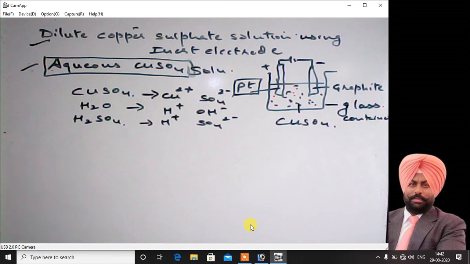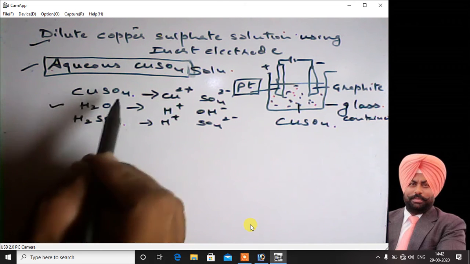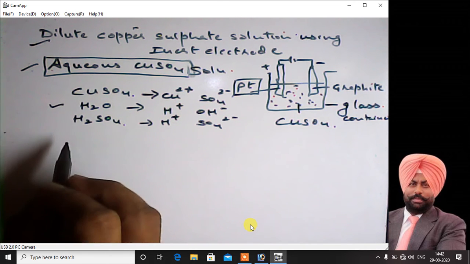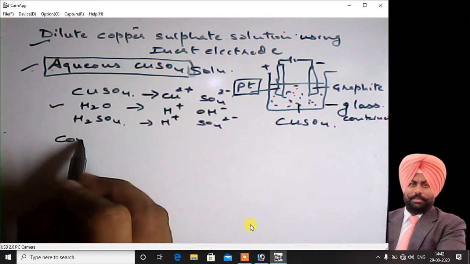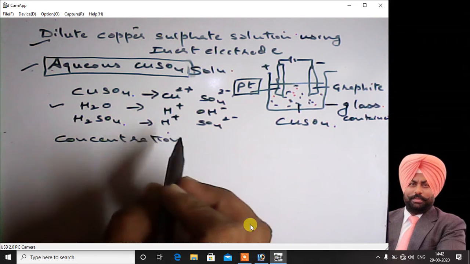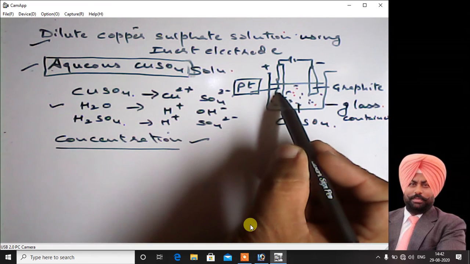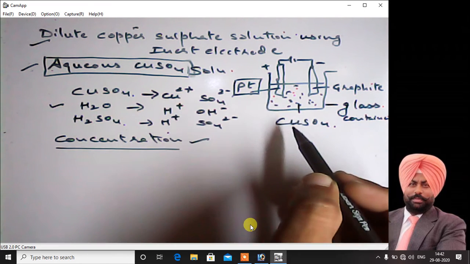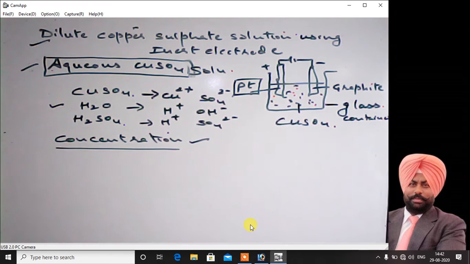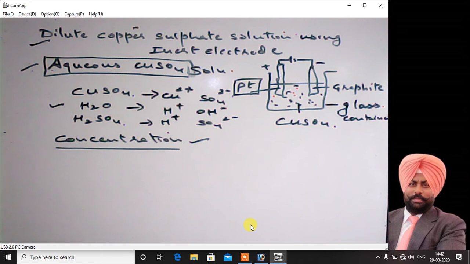Here you can see, since the amount of water is more as compared to copper sulfate solution, the theory which is applicable is concentration theory. We will not use electrochemical series, and since the anode is also not matching to the anion, we can't use nature of anode also. So the theory which we will be using is concentration theory.